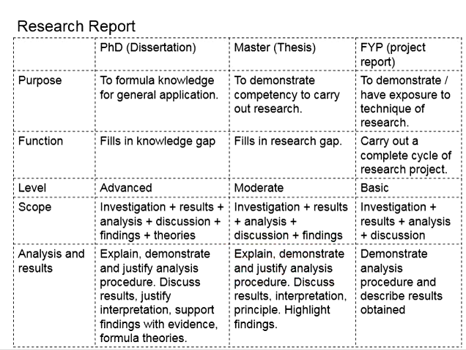You can't just simply adopt procedures without proper justification, as the purpose here is to demonstrate the competency of carrying out the research. Selecting the best procedures and methods in order to carry out the research is a part of the competency of carrying out the research.